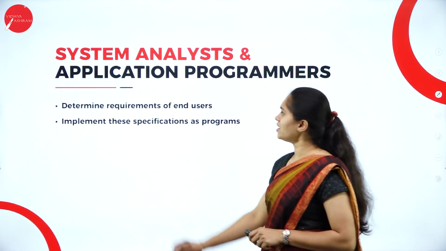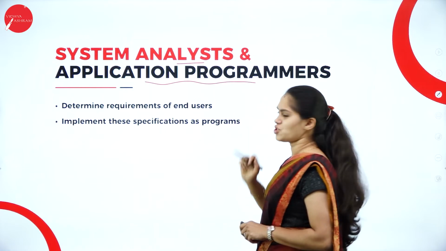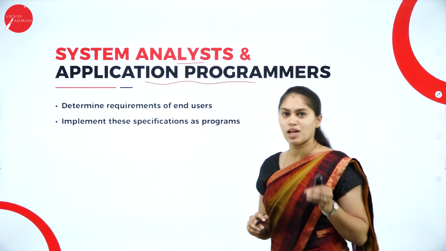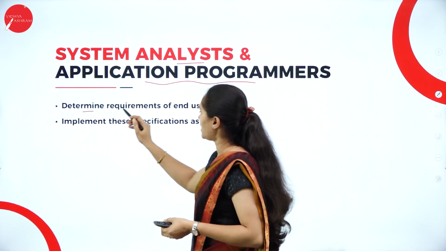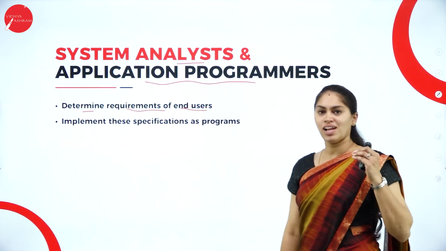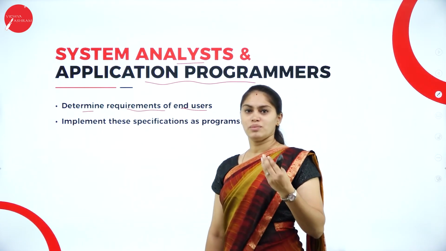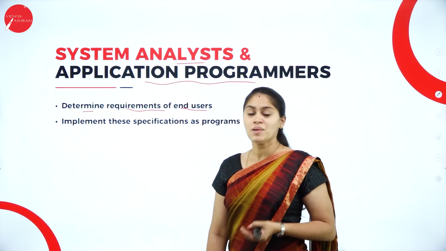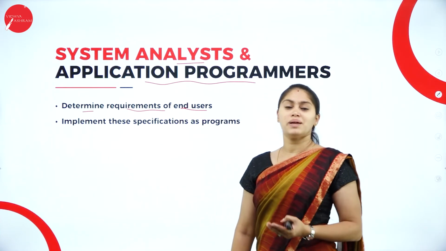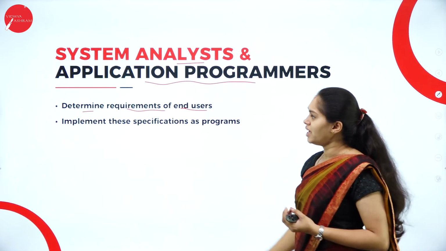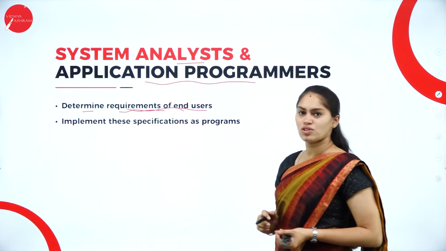Next we have the system analyst and application programmer. As I told you, why do we require an analyst? They determine the requirements of the end user. They will analyze what the need of the market is right now. If I am giving the need of the market, then I will be at the top of the market.